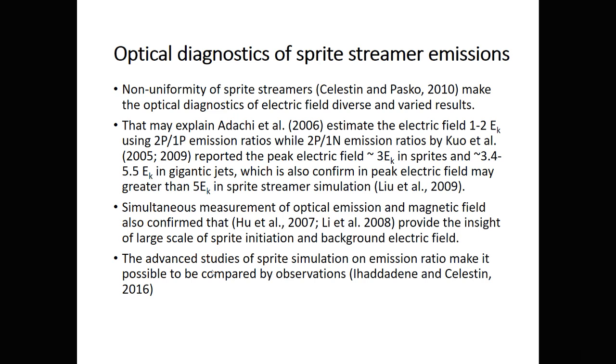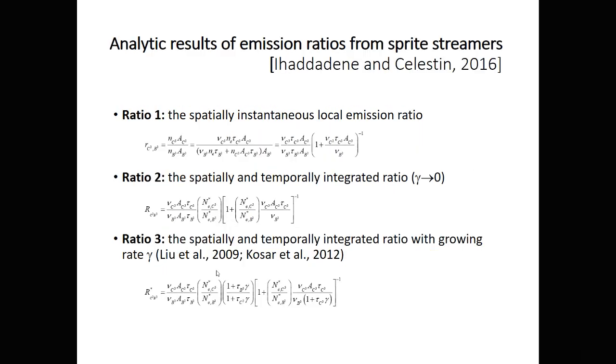We use the sprite streamer theory to analyze the sprite blue and red emission to derive the electric fields. Here we use three regions. In region 1, we only use the local electric field to produce the emissions.